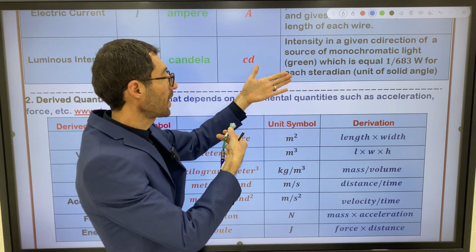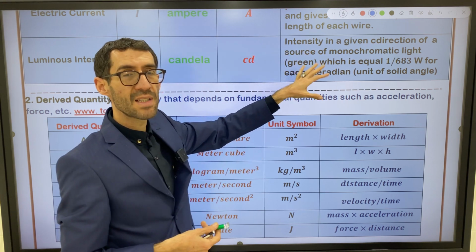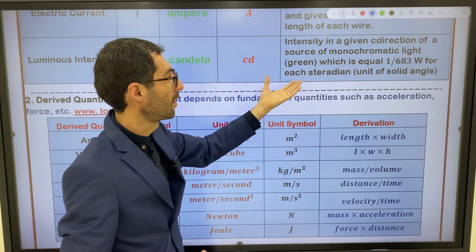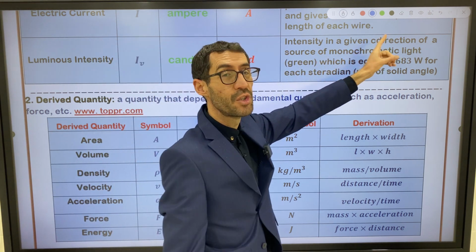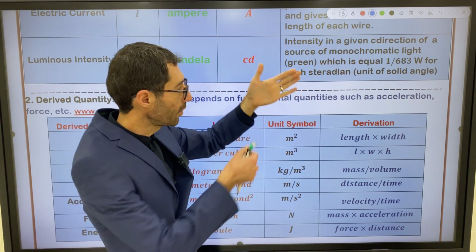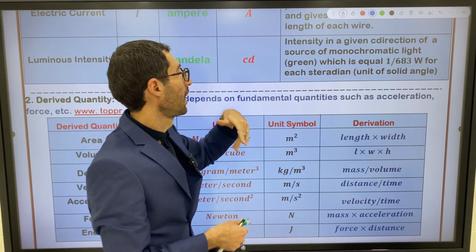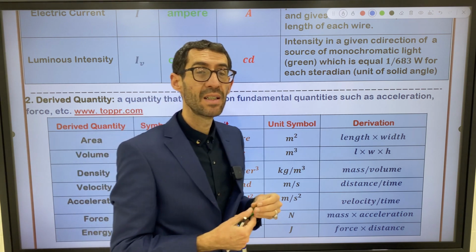Monochromatic. Actually, scientists agreed on using green light for this purpose. Intensity in a given direction of a monochromatic light. I told you, single color light. It's not white light.